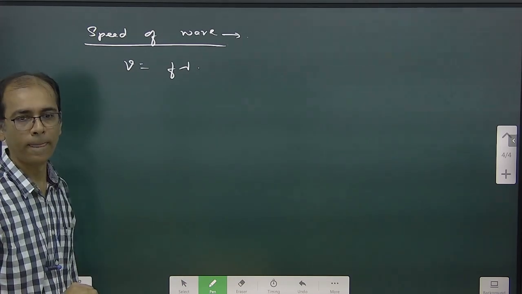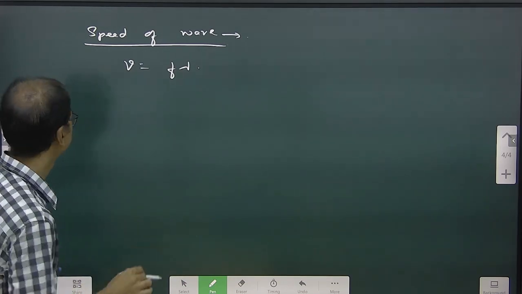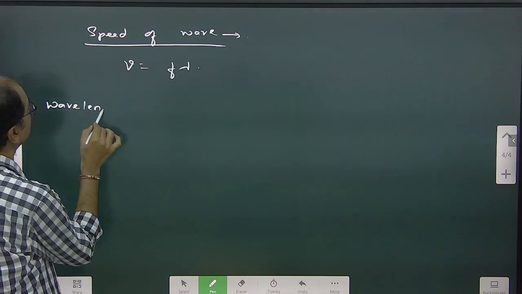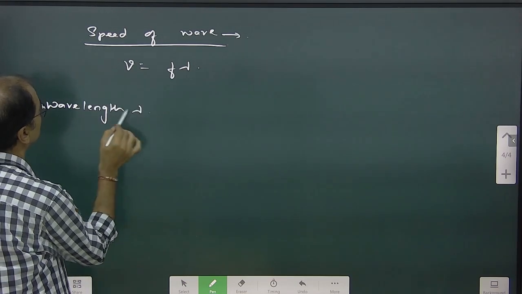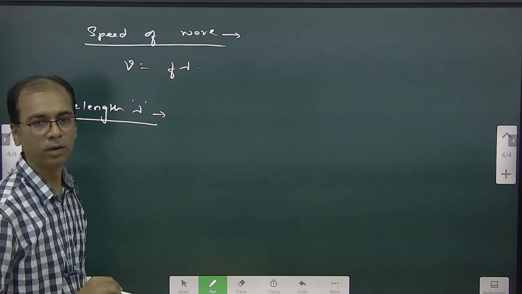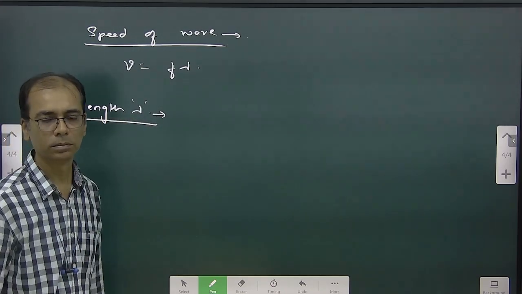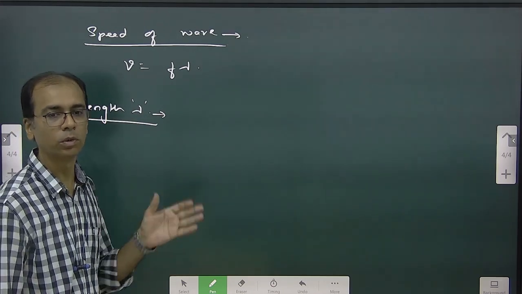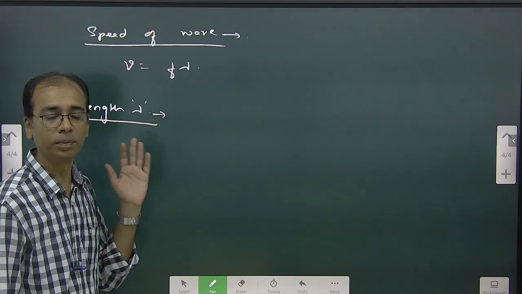Okay, now what is wavelength? Wavelength is the distance traveled by the wave in one time period. Whose time period? The particles' time period. Particles are doing what? Simple harmonic motion. So they have a time period.